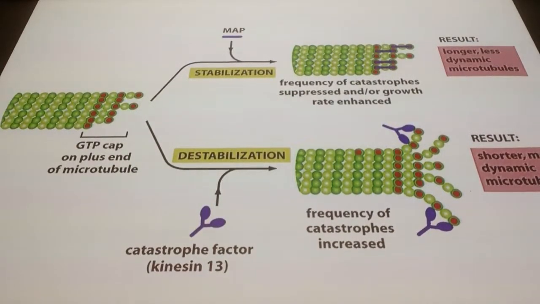Right. If you have MAP2 and tau that binds, but the conditions do not favor polymerization, then guess what? Now the microtubule is stable because depolymerization cannot occur, and the conditions do not favor polymerization, so therefore the microtubules stay in place.